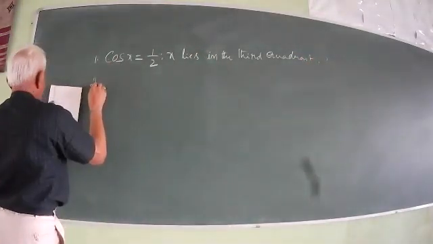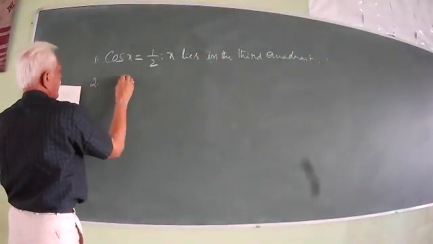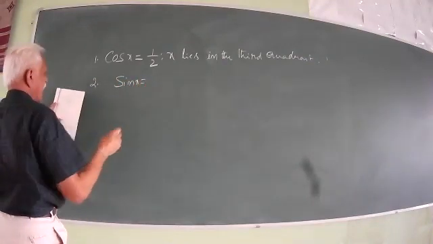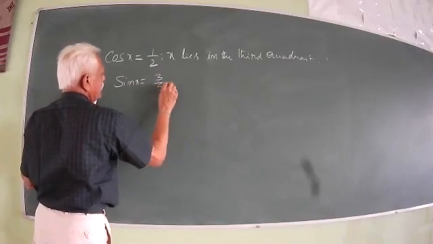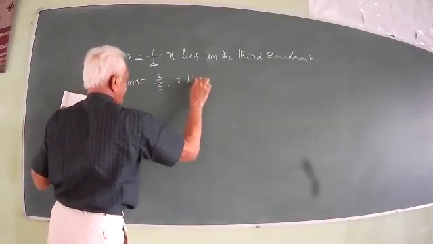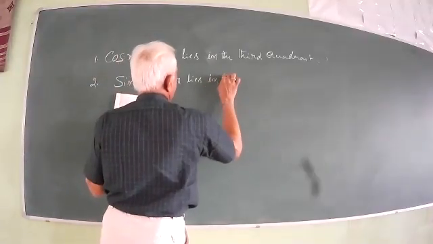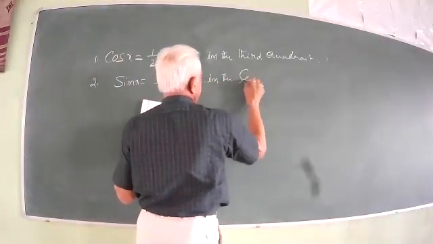Number 2, sin x is equal to 3 by 5, x lies in the second quadrant.